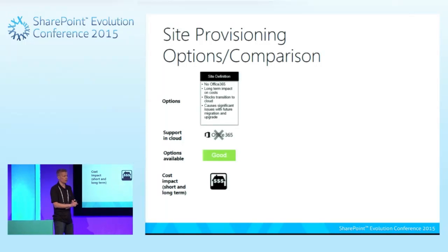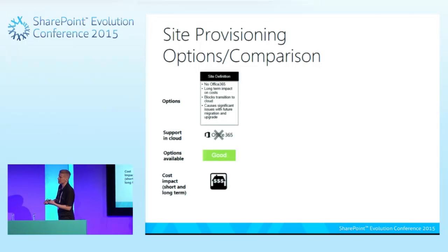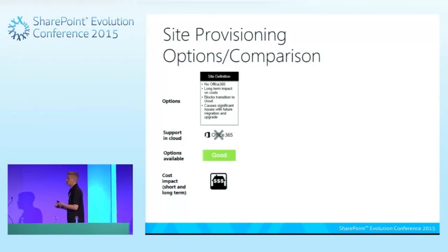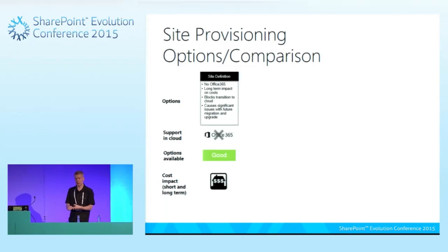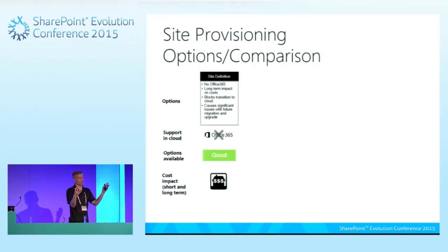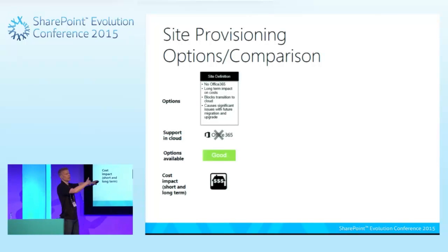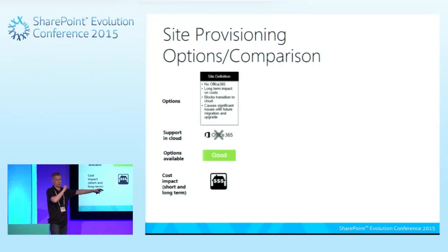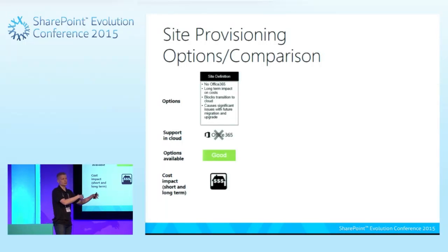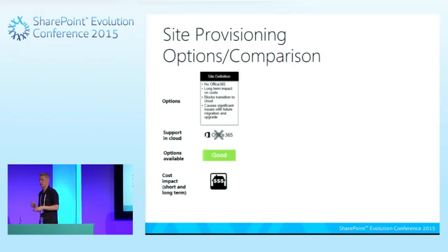You cannot run that in Office 365, and you cannot easily update the ONET XML. To be fair, the flexibility of that approach is enormous, because you can actually own the whole provisioning thingy. But the cost, in the short and long-term impact, is pretty high, because there's an impact for your site and there's an impact for the deployment. You need to maintain that ONET XML file in a certain way.